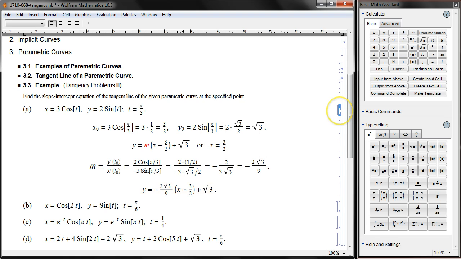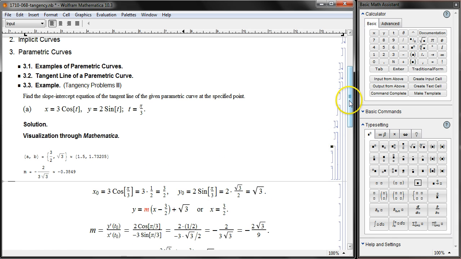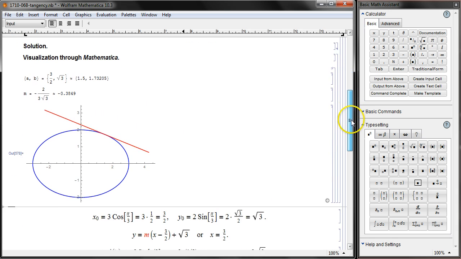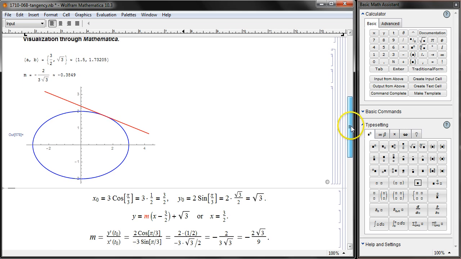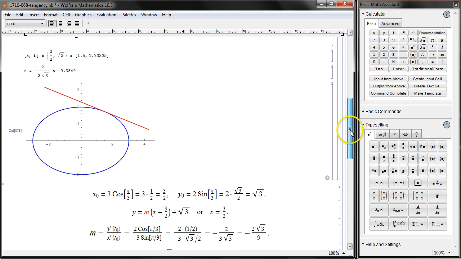Well, here is the verification. Mathematica did not rationalize the denominator. It simply used 2 over 3 square root of 3. That's okay, it's the same quantity anyway.